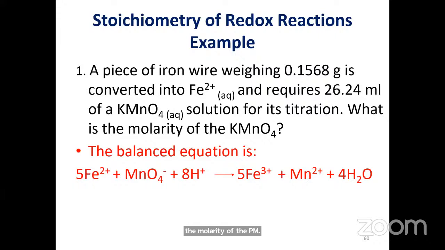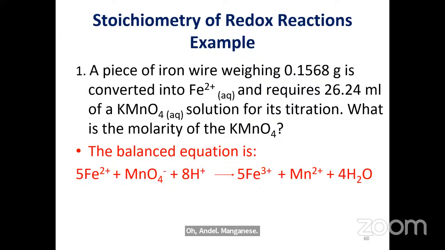The first thing is that we write the balanced equation. And I think this is one of the ones we treated earlier. So you write the balanced equation, and then we use the stoichiometry. It is between iron and manganese, okay?